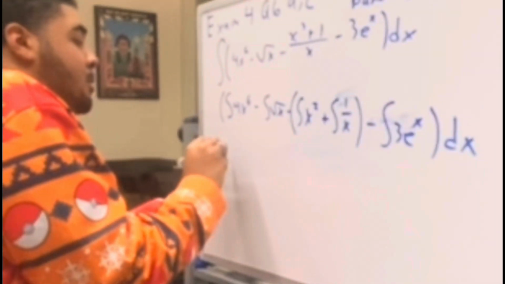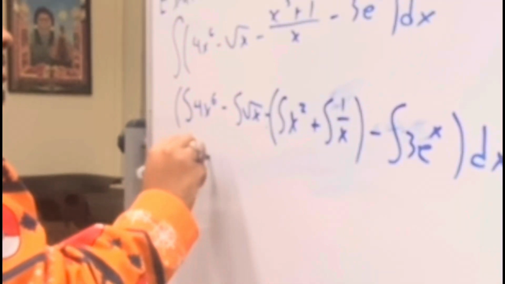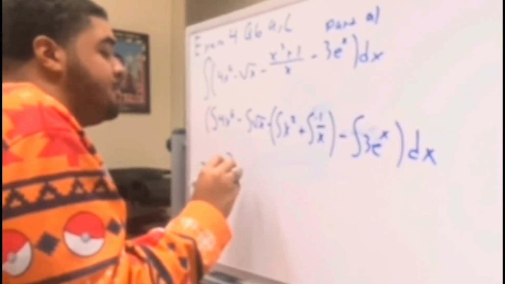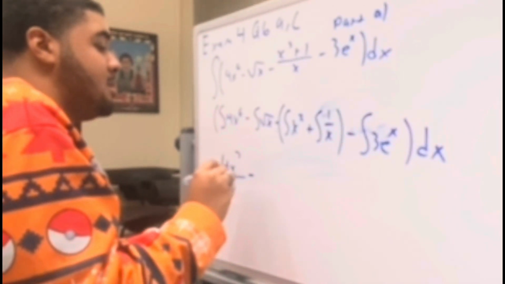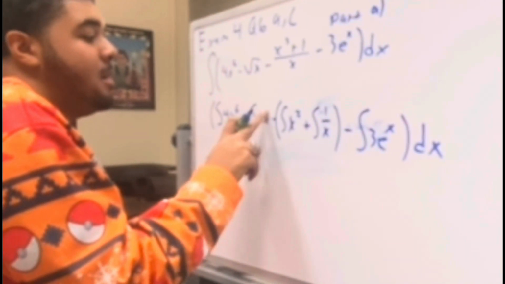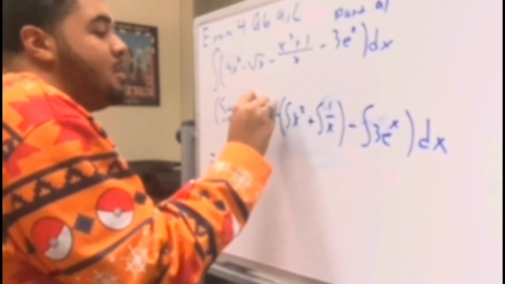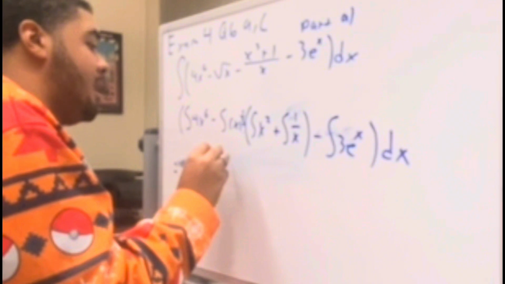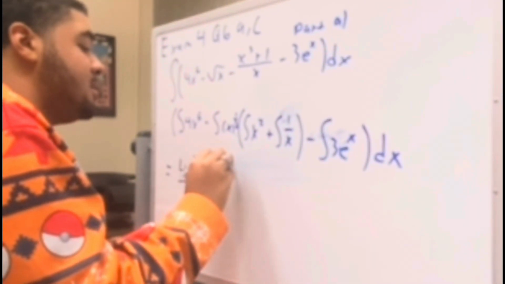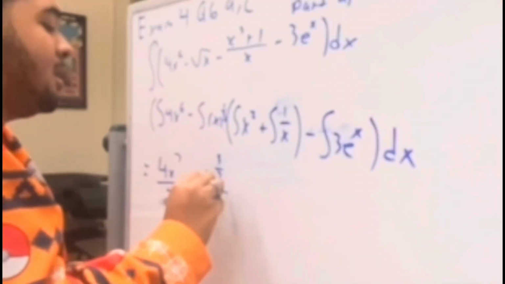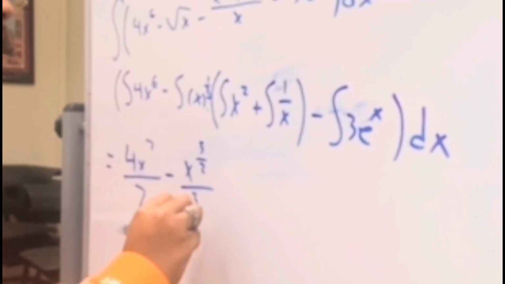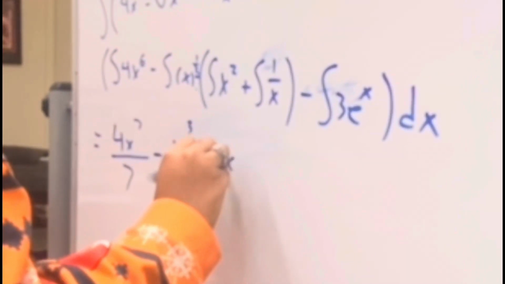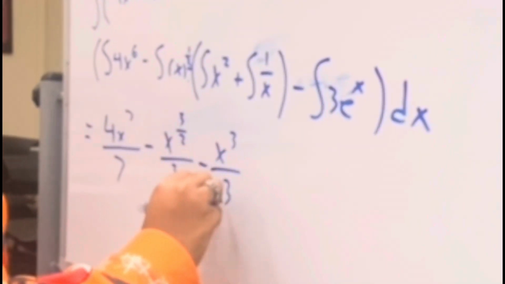So here you get 4x to the 7 over 7 minus, you can rewrite this into a power, 1 over 2. Now you can take the antiderivative of that. So then you would get x to the 3 over 2 over 3 over 2, and then minus x to the 3rd over 3.